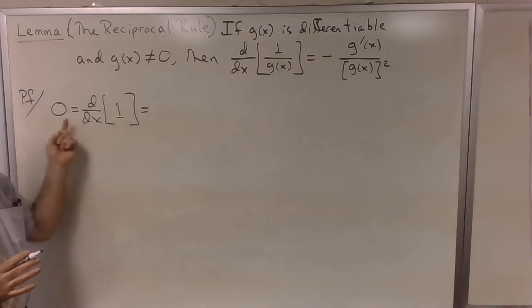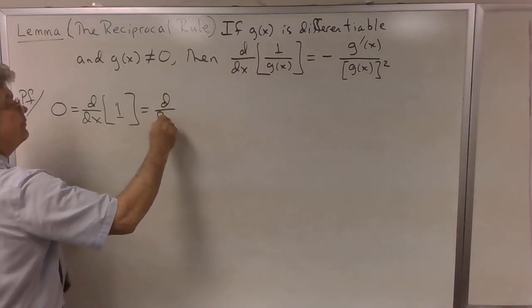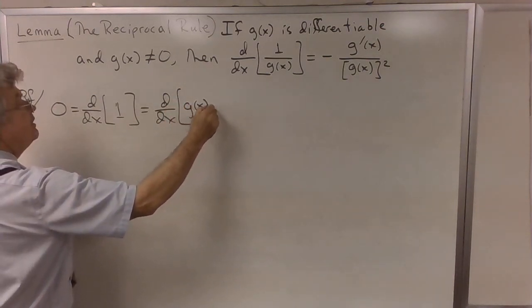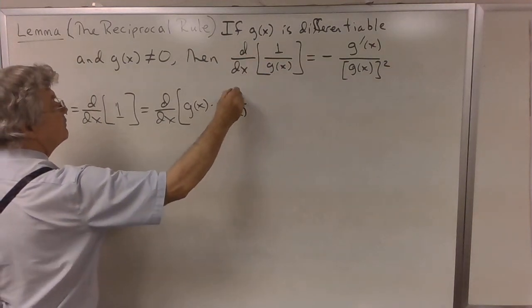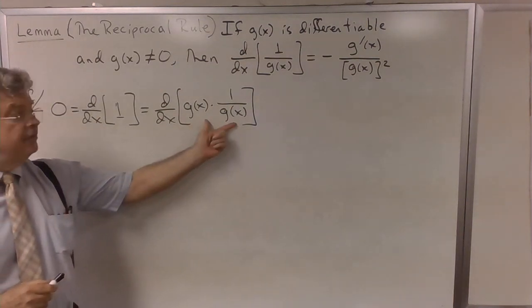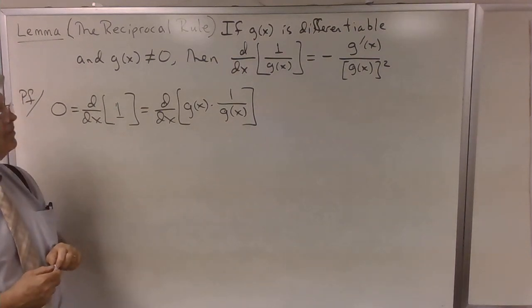The derivative of 1 is 0. But 1 is g of x times 1 over g of x. So this is just 1, so its derivative is going to be 0.